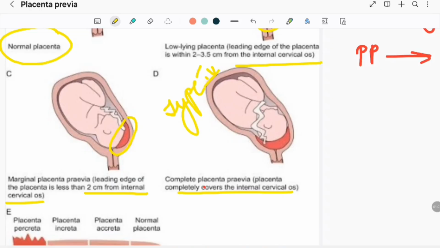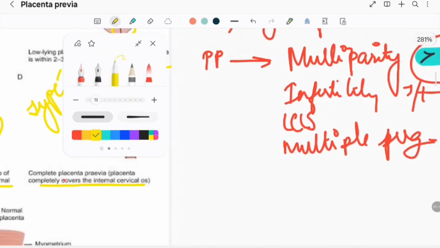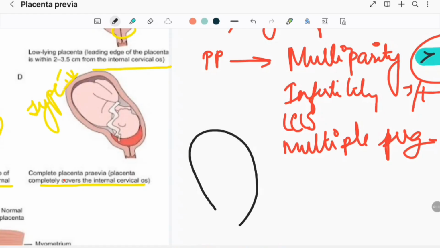There is another, type 3, in which suppose this is the placenta, it covers the internal os partially but does not entirely do so when fully dilated. So when fully dilated, the placenta moves a bit towards the upper side and does not fully cover the internal os.